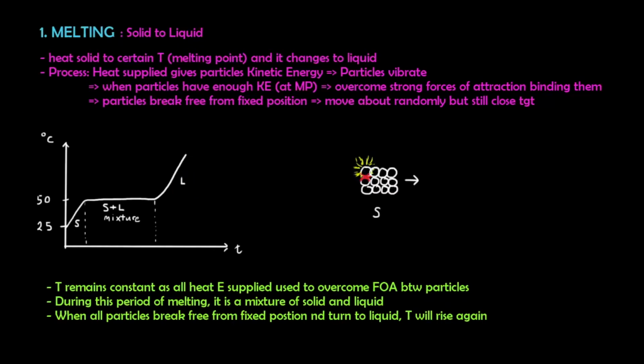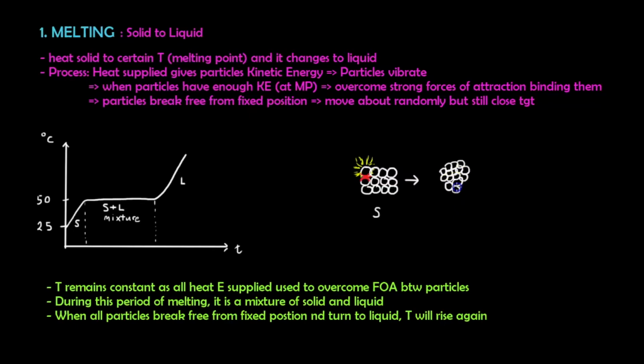Eventually they can overcome these intermolecular forces, and now they can slightly alter their positions. They can break free of the strong forces, and now they have an irregular structure compared to this regular structure shown here. When they overcome this strong attraction, they break free from their fixed position.